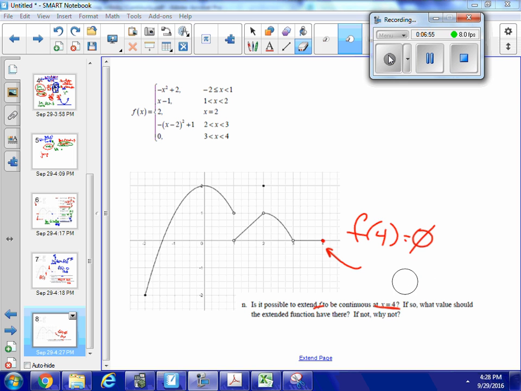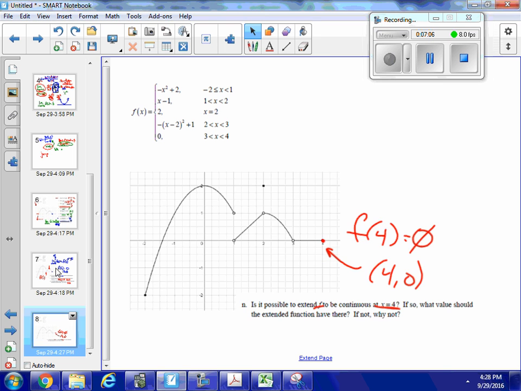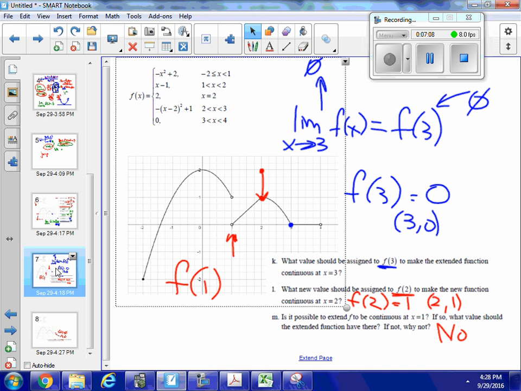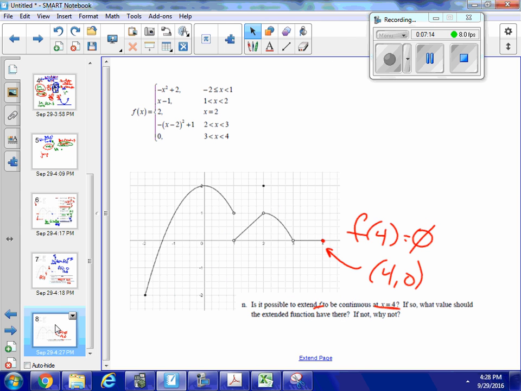Sorry, I hope I didn't make that wrong on the other ones. If I have the point 4, comma 0, then yes, I've extended the function and I've made it continuous. Let's just make sure I didn't blow it back up here. Nope, 3, 0, I did that one right. 2, 1, I did that one right. Okay, so I did the other ones right. So yes, it is possible to make this function continuous at x equals 4.